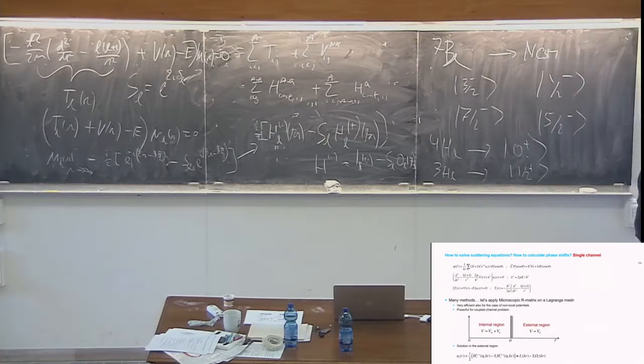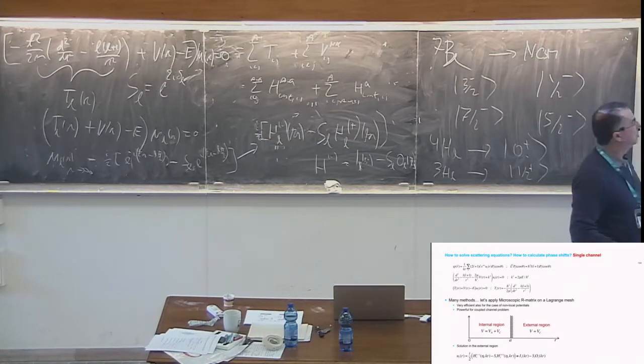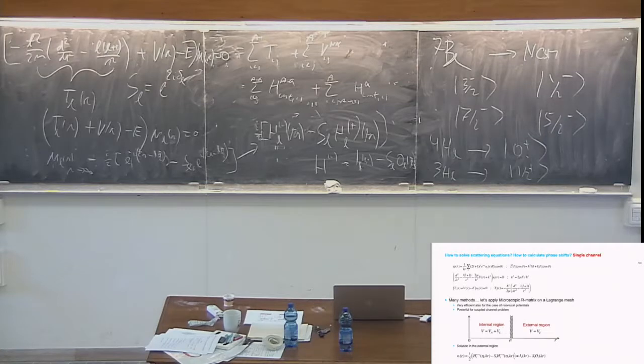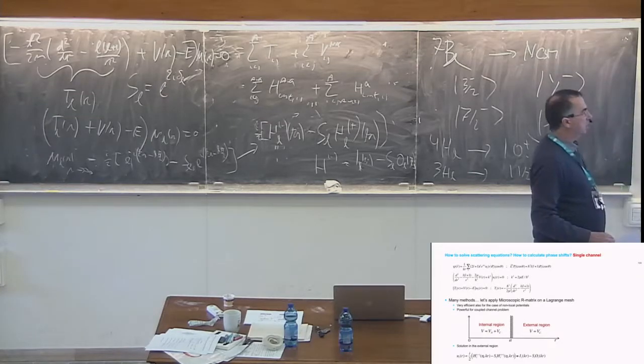And so now the only interaction that will be left beyond this radius is the Coulomb interaction, or if it's just a neutron, then obviously that will be 0, right? So it will be just a free system. But in general, there will be a Coulomb interaction here, while inside you have both the nuclear and the Coulomb together.